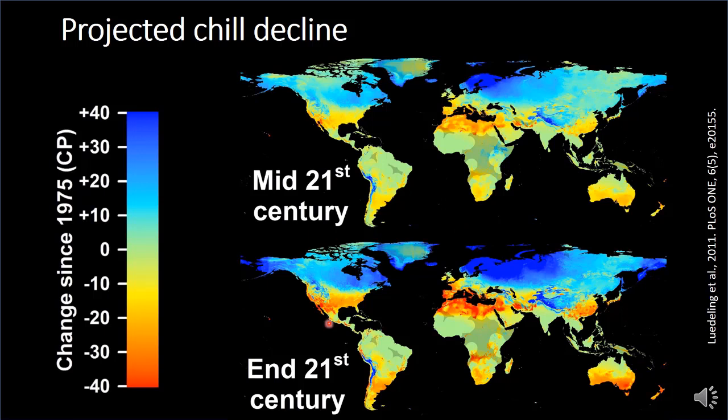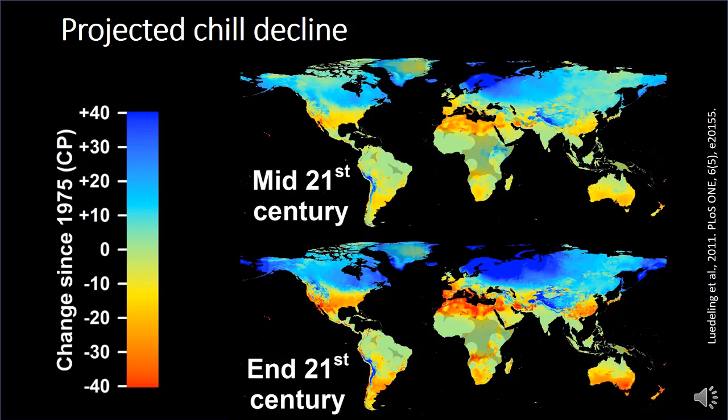This gets even worse by the end of the 21st century. Understandably, climate change is progressing throughout the century and conditions will get warmer. But here we find conditions that are really troubling. Remember I told you that in the Mediterranean region we only currently have something like 40 to 60 chill portions, and now we're losing 40 of them.